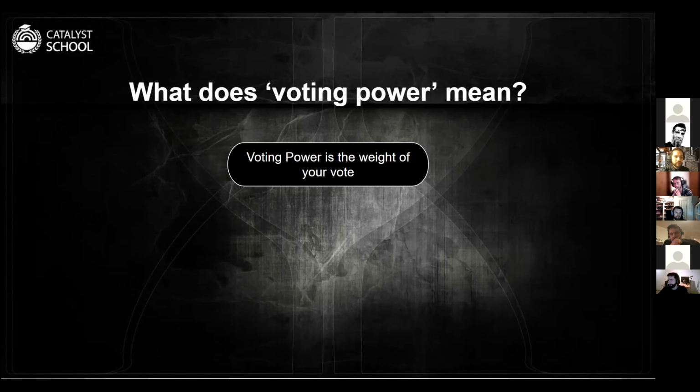But this is the way that both IOG and the community found to kickstart Catalyst until we come up with a different way to measure the voting power of different people. By doing this, at least you are giving more voting power to people who have more skin in the game. They have more money invested in Cardano, so they really expect the ecosystem to flourish. And since they have a lot of voting power, they're not going to downvote things that are going to be beneficial for the ecosystem.